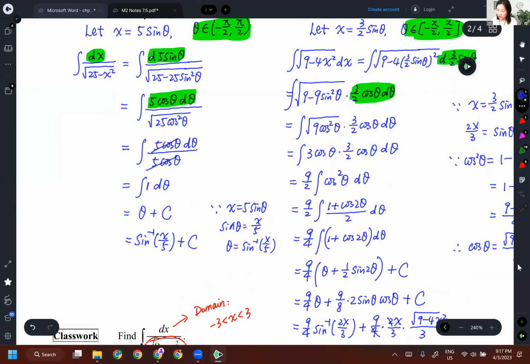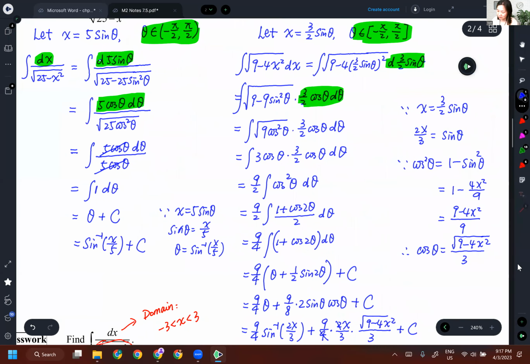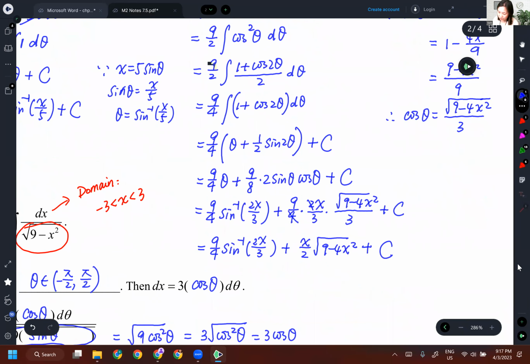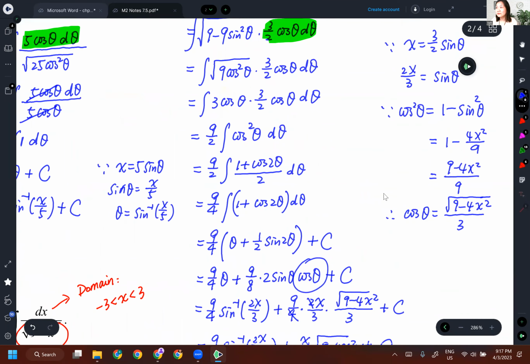Now, the same reason applies here. Because in the end, I want to express cosine, right? Here in the answer, it has cosine in it, and I want to replace cosine with x. So I have to figure out what cosine is. We know that cosine squared equals this, but what about cosine? It can be positive or negative.